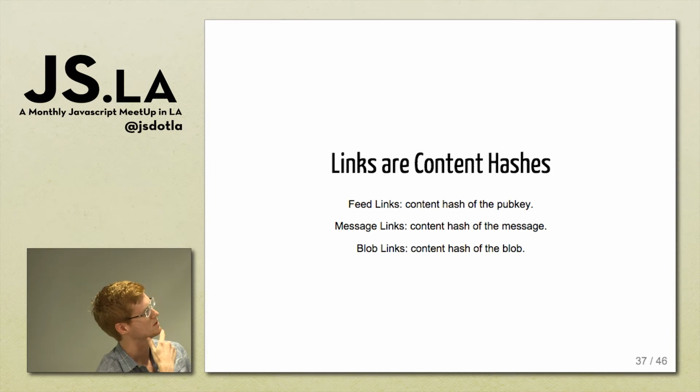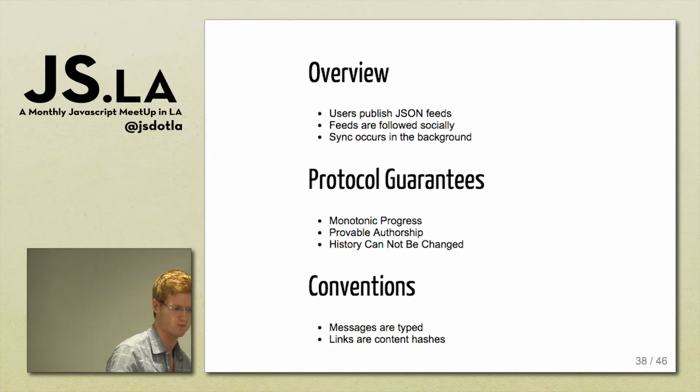Message links are the content hash of the message itself. And blob links are to the content hash of the blob. So that is pretty much everything you need to know to understand how secure Scuttlebutt works. Again, it's a very simple JSON feed synchronization protocol. But with these couple of guarantees, we can create a well-ordered network.